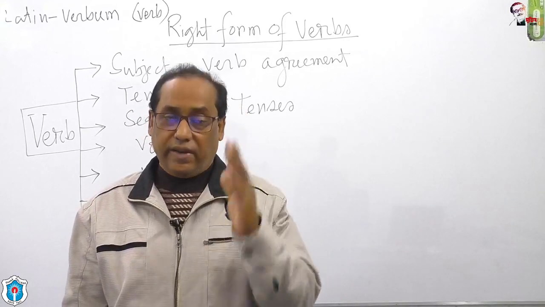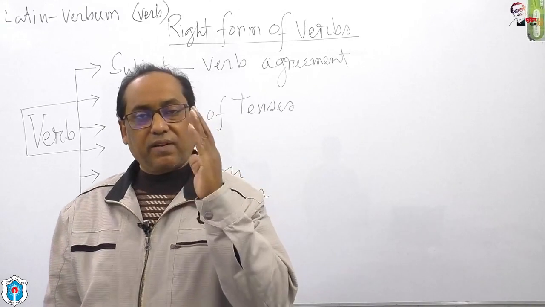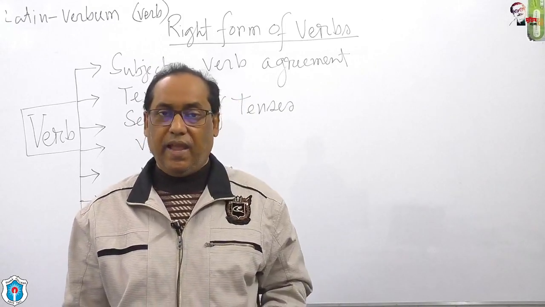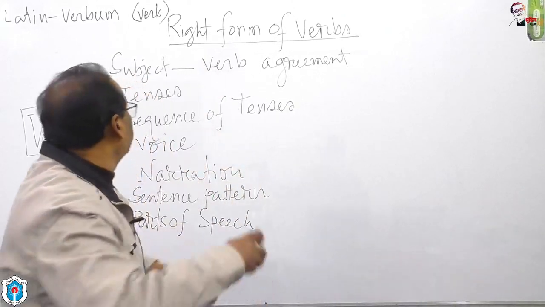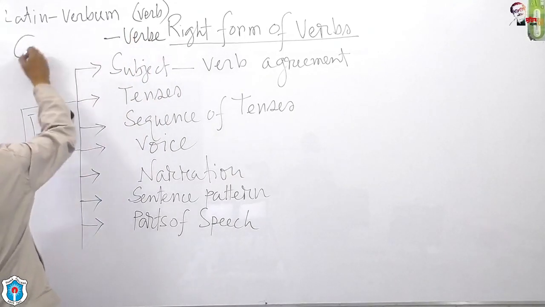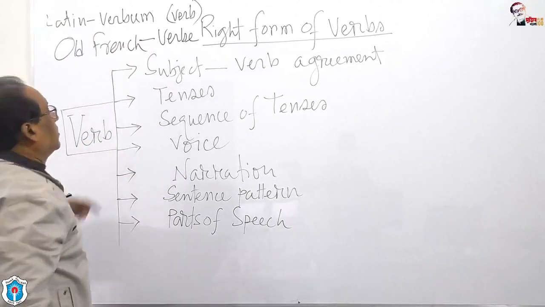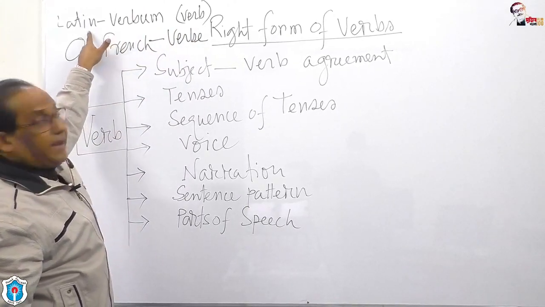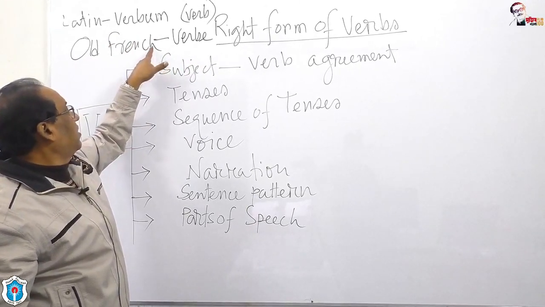The English word verb has also come to the present condition from Old French, and in Old French the spelling of the verb was verb. So the English word verb has originally come from the Latin word verbum and also from Old French verb.